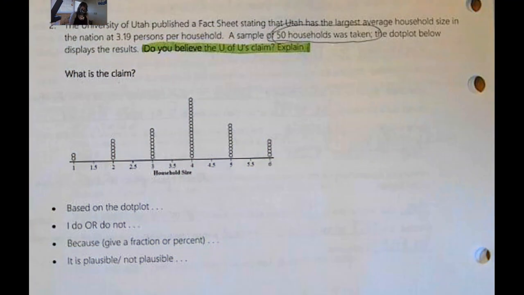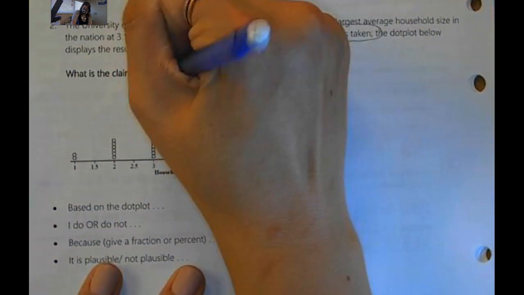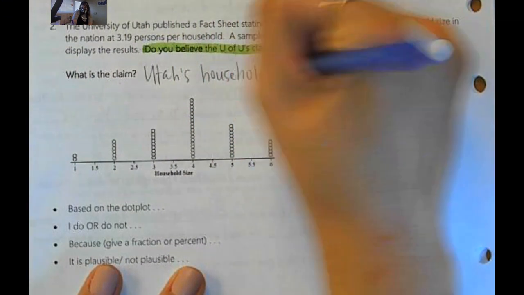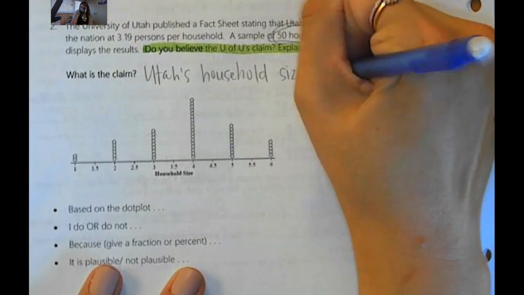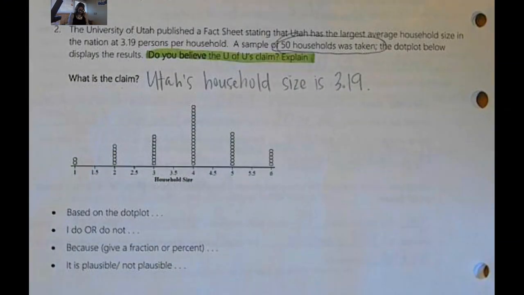Do we believe the U of U's claim? Okay, so what is their claim? Utah's household size is 3.19. So the claim is that Utah's household size is 3.19.